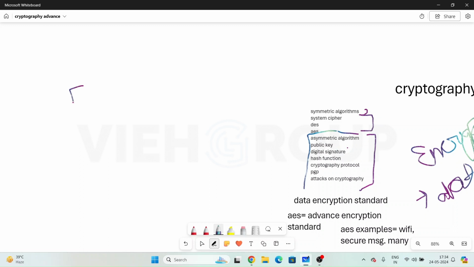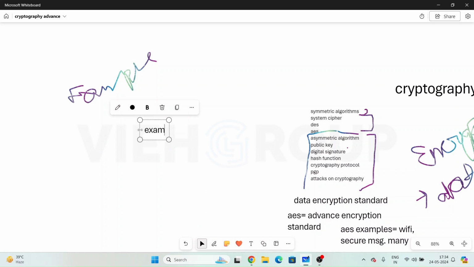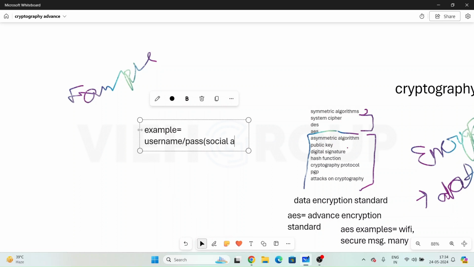So, for an example, like username and your password to any of your social accounts.